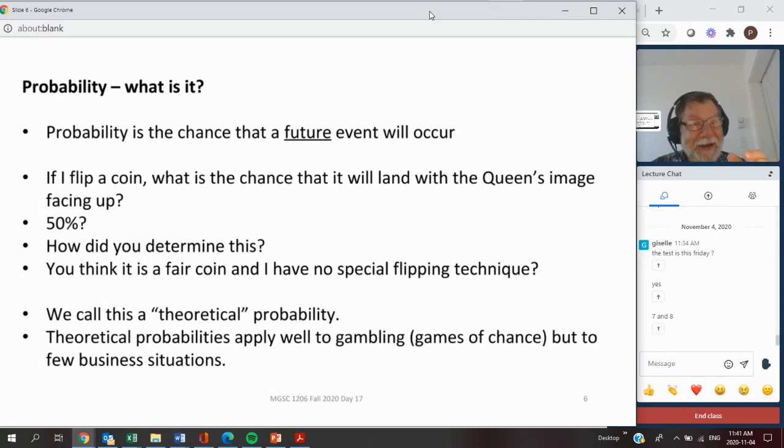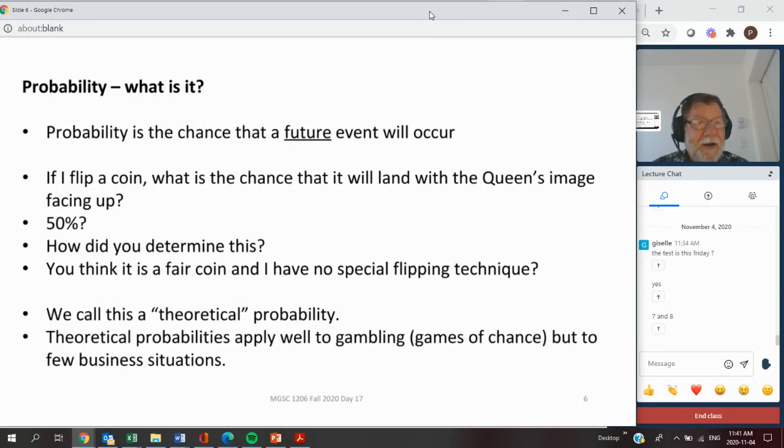And if you're assuming I've just got a regular coin, then the queen's on one side, something's on the other side. So it should be 1 out of 2, right? And I've got no special technique. You've got a theory, and so we would call that a theoretical probability.